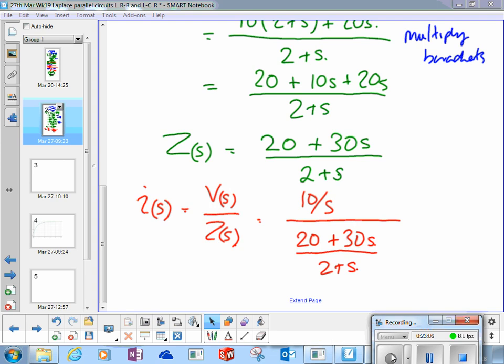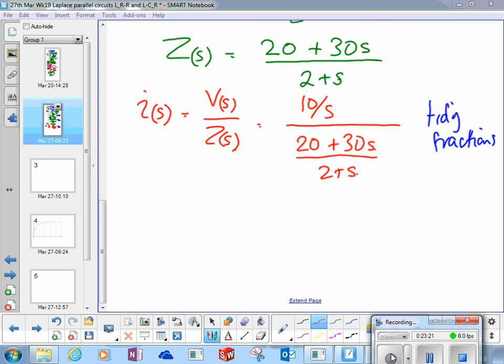I'm going to call this tidy fractions, and multiply them out to make them tidy. So we've got I(s) equals 10 over s times 2 plus s over 20 plus 30s.